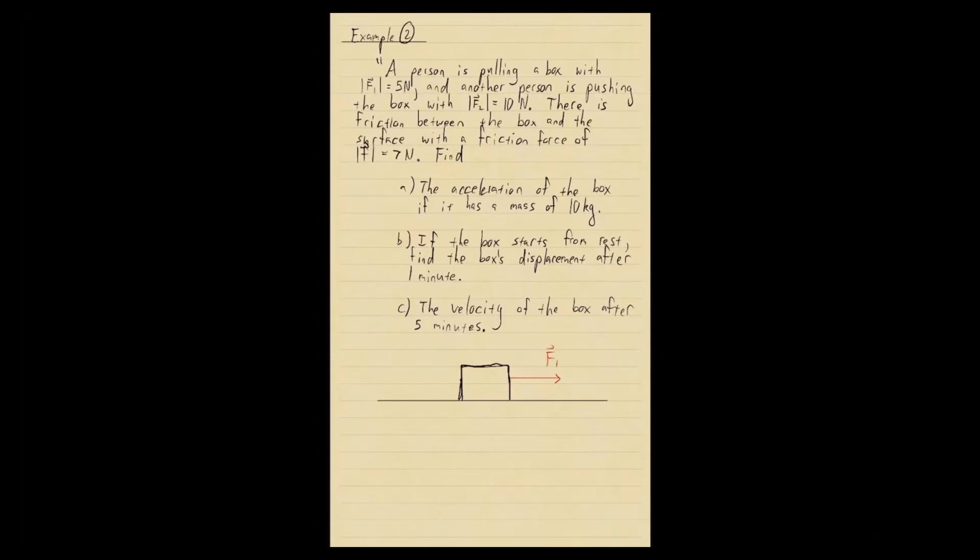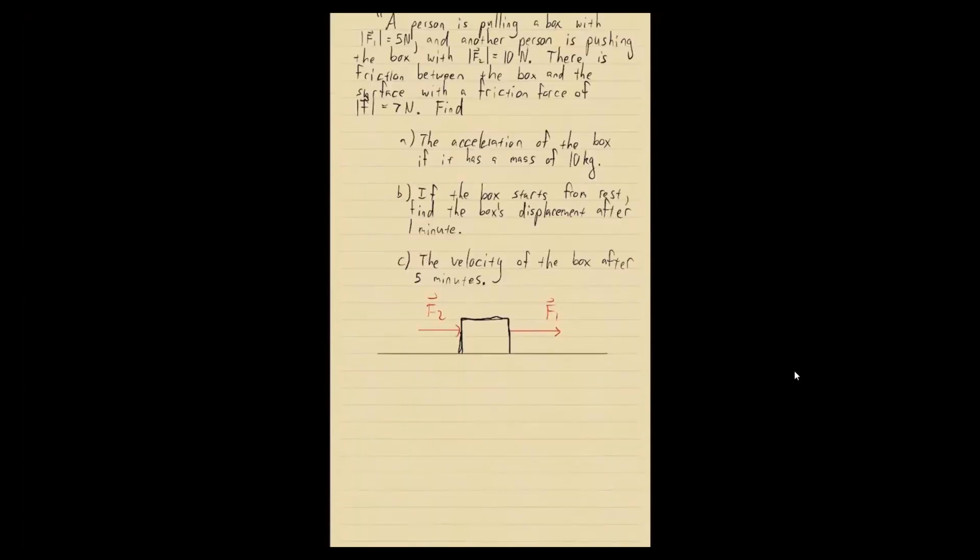We have another person pushing on the box, F2. Last but not least, we have the friction force, which is going to oppose the direction of our box. So this force f is our friction force.